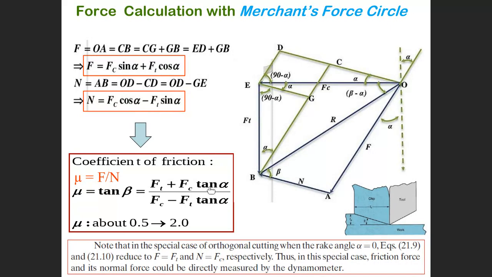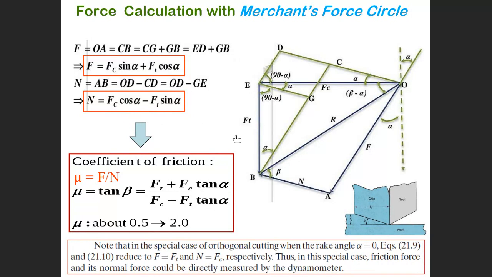Then F equals Ft and N equals Fc, because sine 0 is 0 and cosine 0 is 1. Then N equals Fc, F equals Ft.